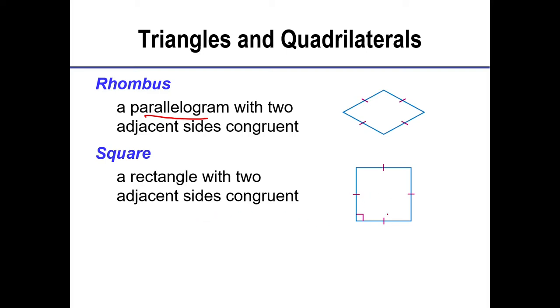Since two adjacent sides are congruent, that means a square has all of its sides being congruent and all of the corners are also 90 degrees. So the difference between a rhombus and a square is the angle. The angles of a square are all 90 degrees, while a rhombus has two obtuse angles and two acute angles.